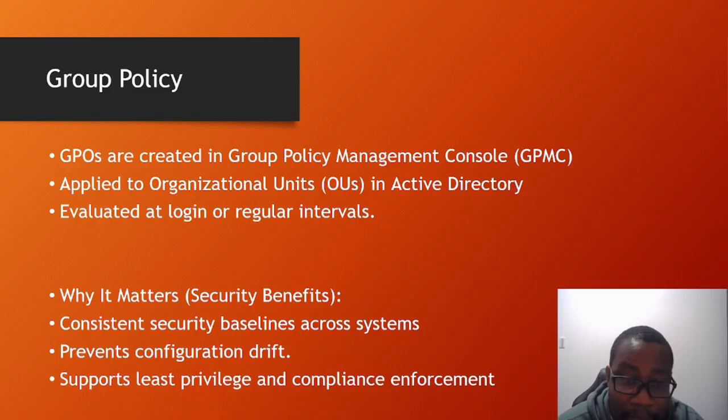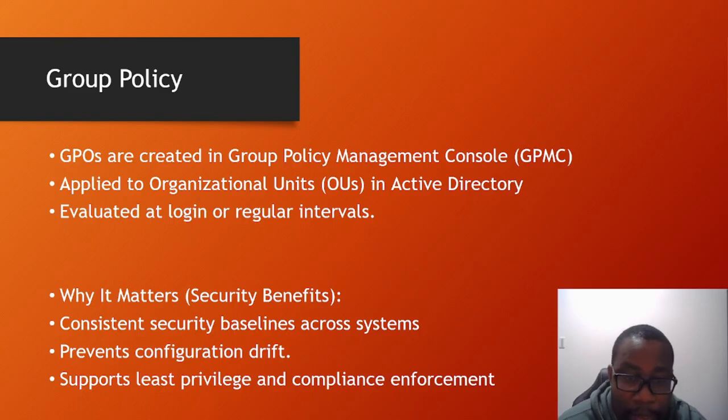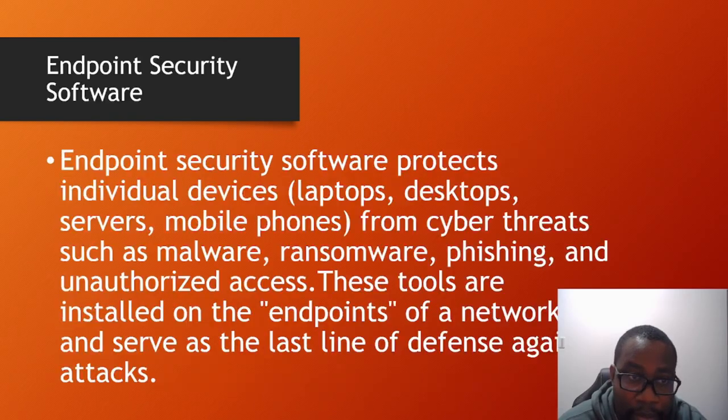So this pretty much means it's one flat baseline across all the domain and all the endpoints on that domain, so that everyone is uniform, so there's no configuration drift, i.e. someone doing their own thing and configuring their devices in their own way. Everything is uniform, everything gets its updates, so everything is as secure as possible, right? So compliance is enforced. All right, to the next one.